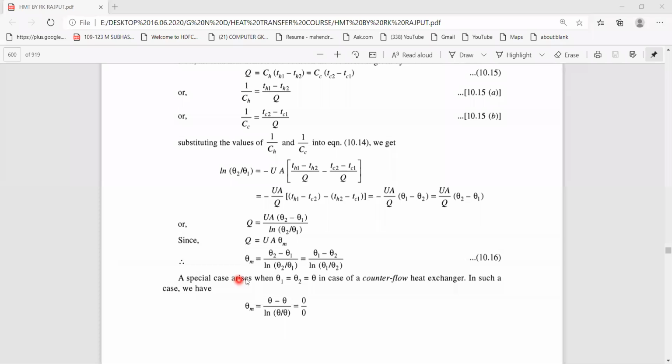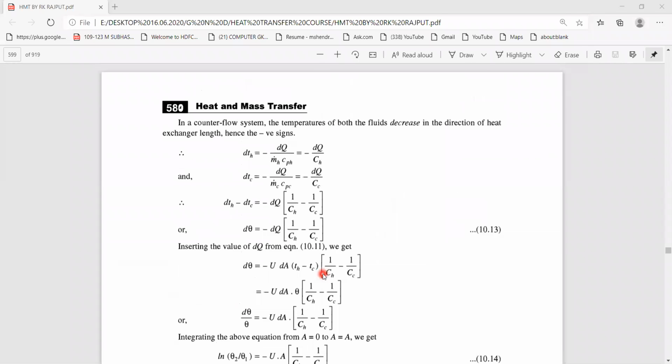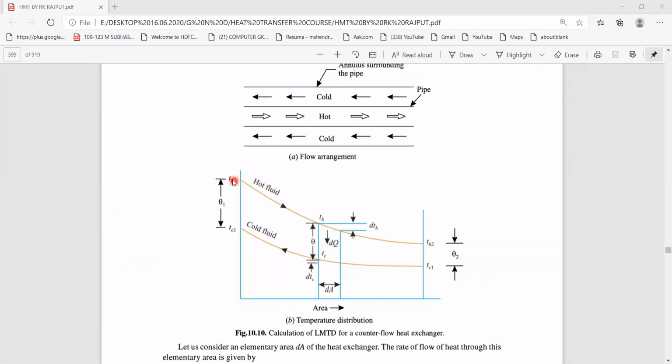Now, in some special cases, you may come across the situation where theta 1 equals theta 2. The temperature difference remains the same in the counterflow heat exchanger. I mean to say that the temperature of the hot fluid at the inlet equals the temperature of the cold fluid at the outlet, because this is the outlet for the cold fluid and this is the inlet for the hot fluid.